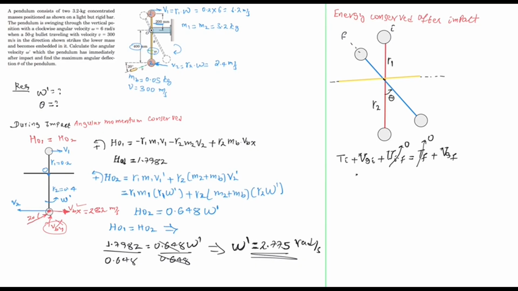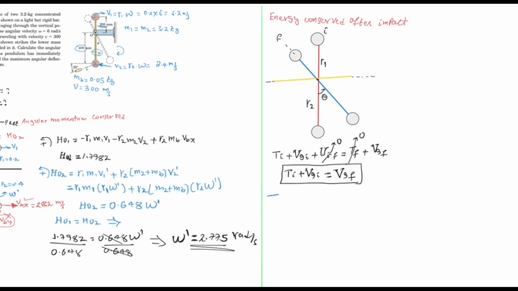So finally we have initial kinetic energy plus initial potential energy due to gravity is equal to the final potential energy due to gravity. This will be our new equation to govern the positions of the particle just before it comes to rest, at the theta maximum value.